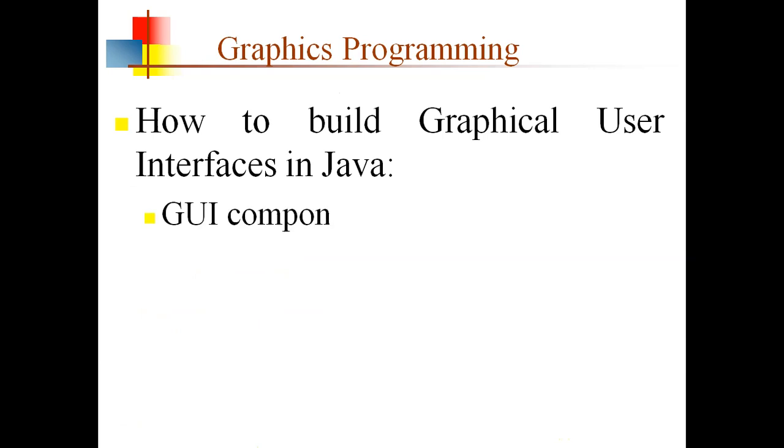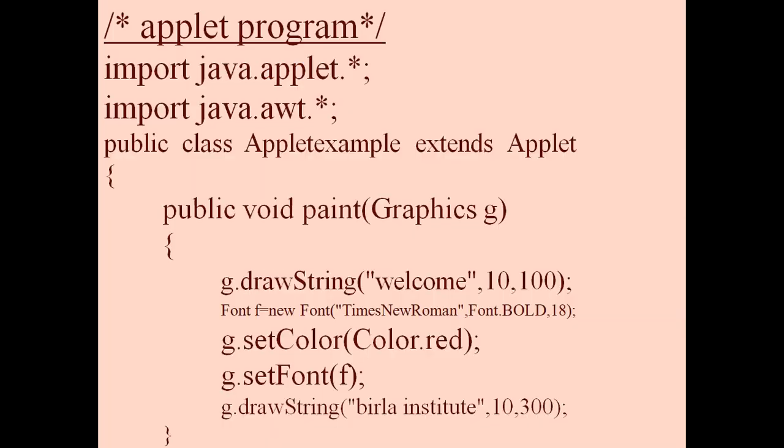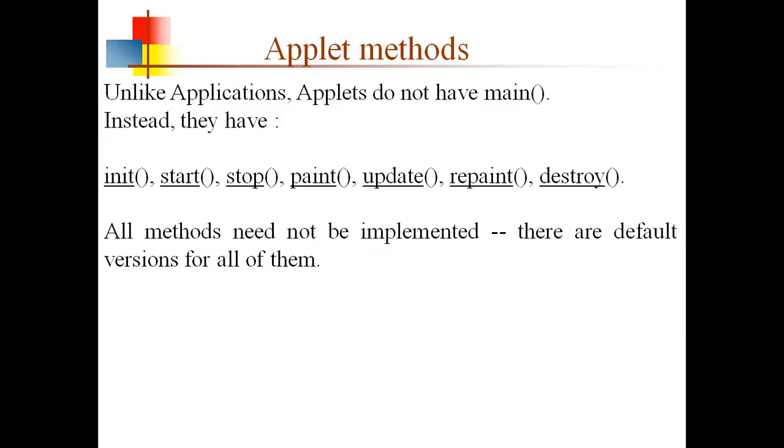Now I am coming to graphical programming. This program I have already discussed yesterday. The different methods which are used in an applet are init, start, stop, paint, update, repaint and destroy. Somehow we can say this is the life cycle. The init function is just like a constructor function, and the start function starts the program.